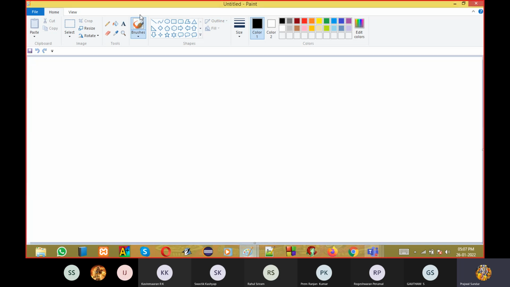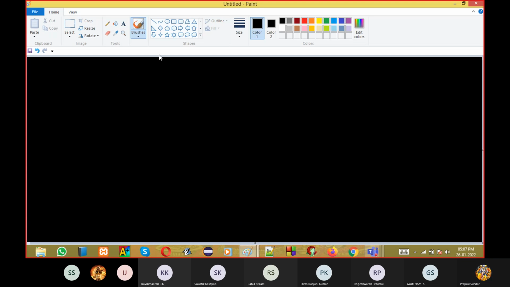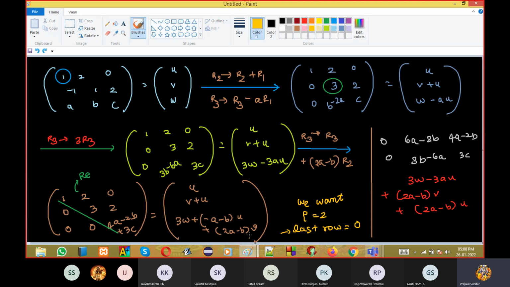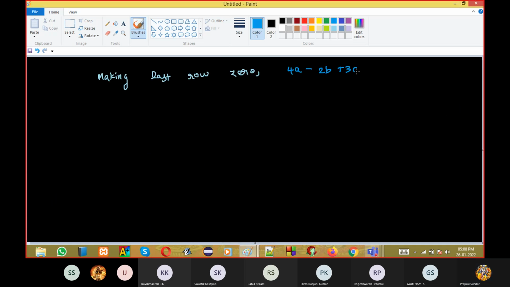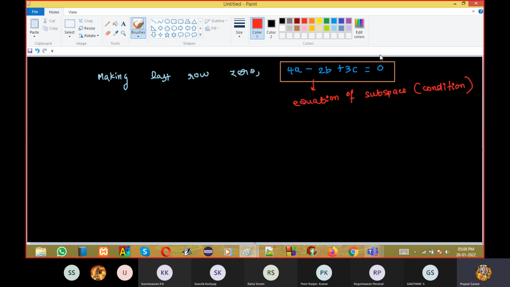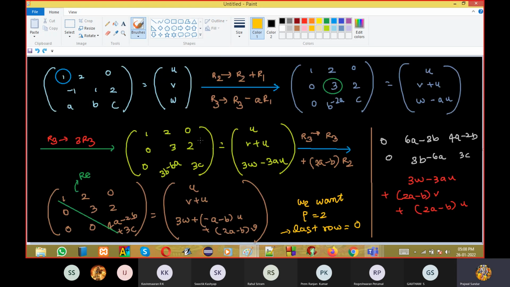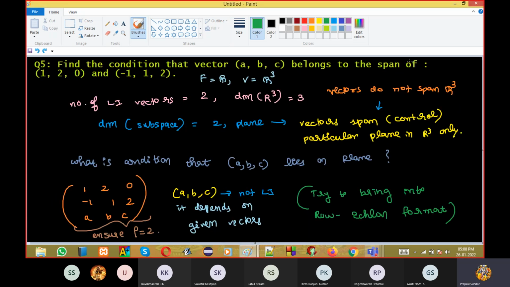So making the last row 0, we get 4a minus 2b plus 3c equal to 0. I can call this the equation of the subspace. We got the equation of the subspace, the condition for a, b, c to belong to the span of these two.